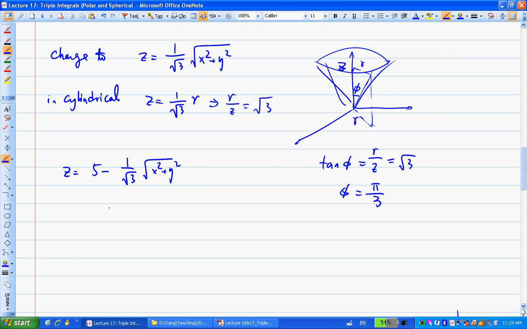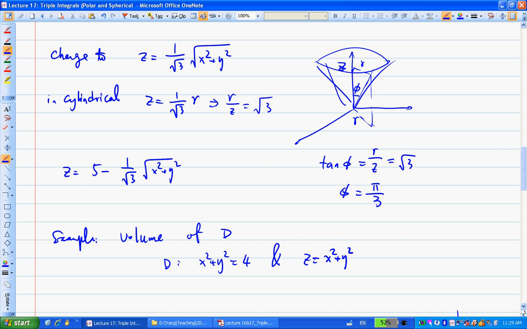Okay, so now let's take a look at an example here. Okay, so I need you to find the volume of this region D. So this region D is x squared plus y squared equal to 4, and z equal to x squared plus y squared, and the xy plane.